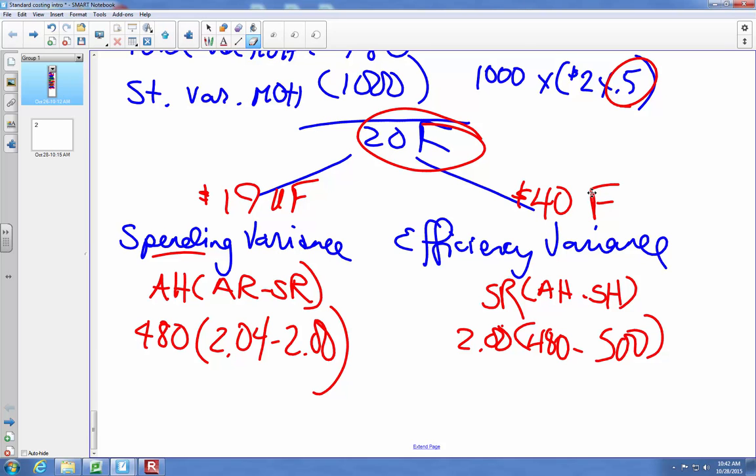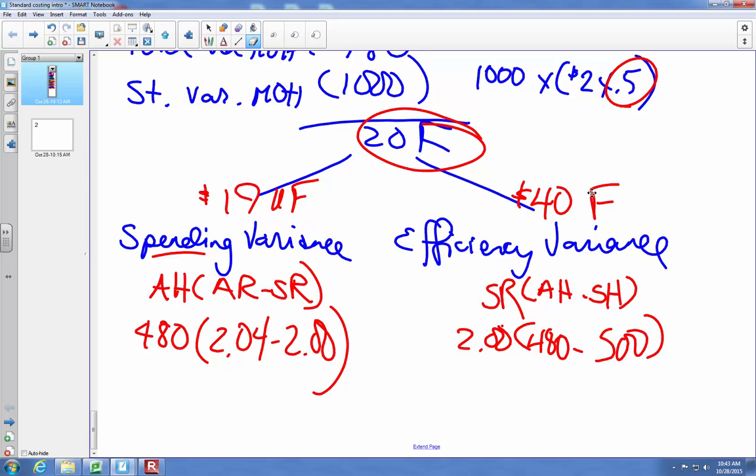Give me 3 examples of things that may be encompassed in my variable manufacturing overhead rate. Maybe your electricity went up. My electricity. What else? You bought materials. There's 2 kinds of materials. We've already looked at direct. Indirect materials.